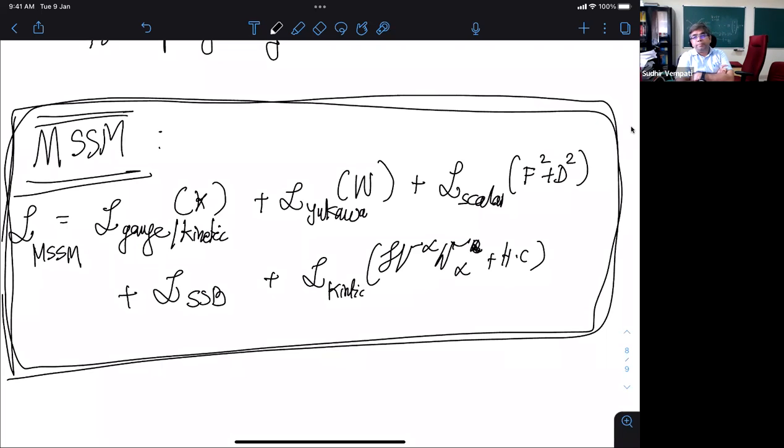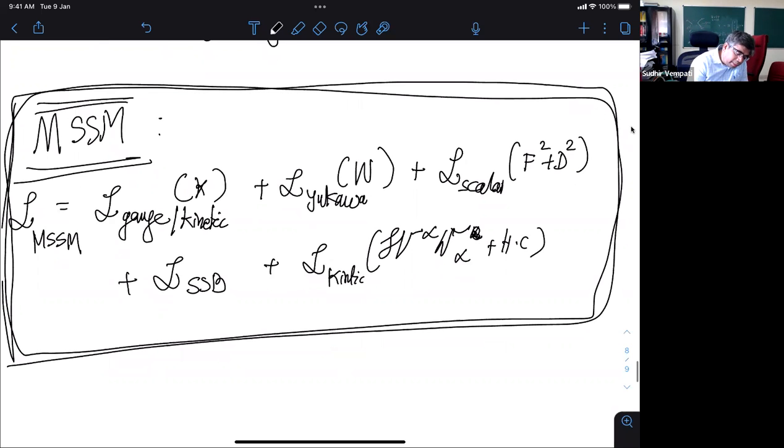But in this MSSM, you break supersymmetry, but you didn't break the Higgs or the standard model gauge symmetry. This is still intact. Okay, this is still intact.